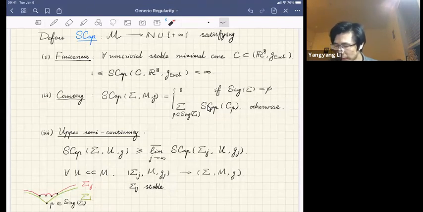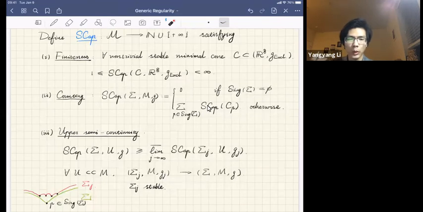So when we compute the singular capacity of P, we need to take into account all the singular points of sigma j in this neighborhood. Roughly speaking, we need to add all the singular capacities of all of them, such that the singular capacity of P should be no less than the sum of all of them. So this is this upper semi-continuity.